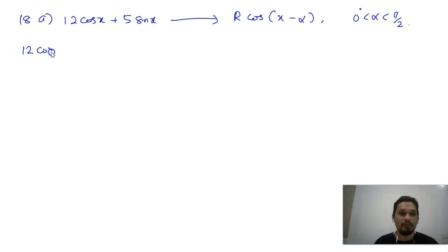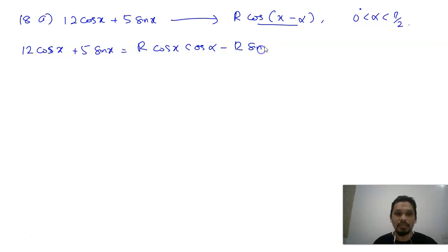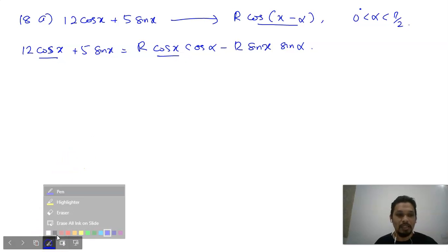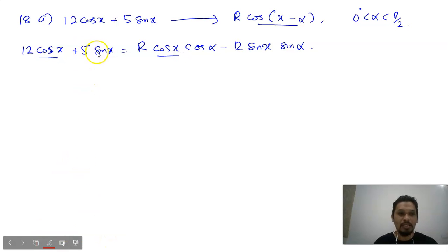And 12 cos x plus 5 sin x equal to expression of this, r cos x cos alpha minus r sin x sin alpha. So cos x with cos x, we compare them, and also we can see clearly here with 5 sin x and sin x.